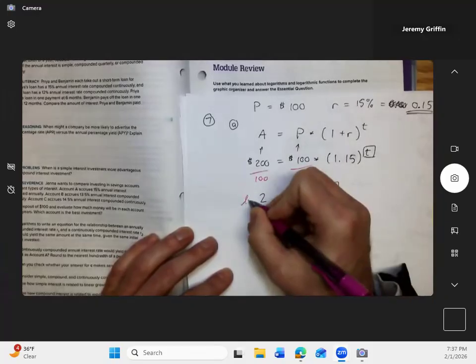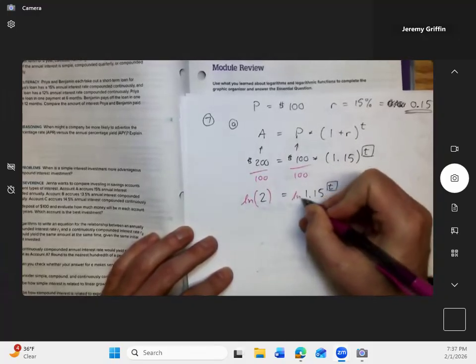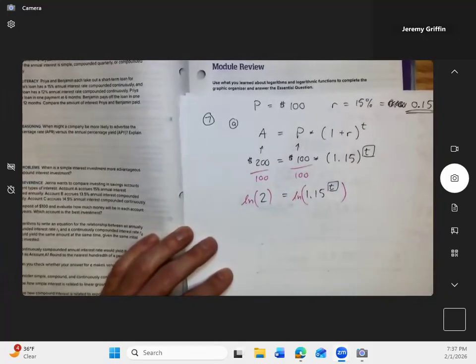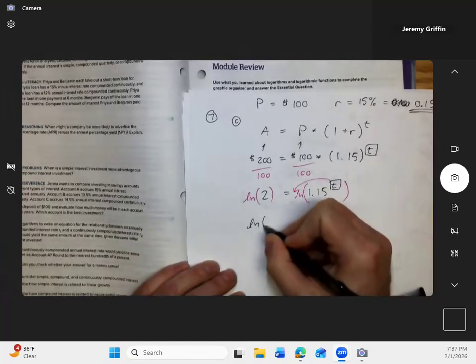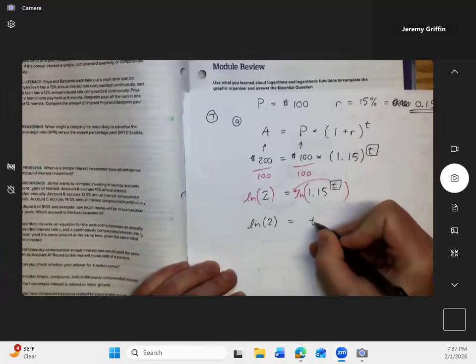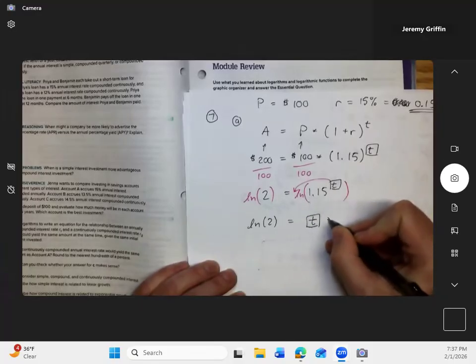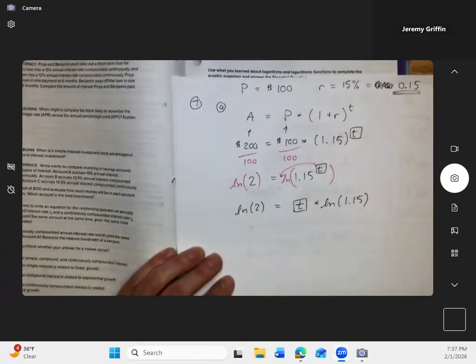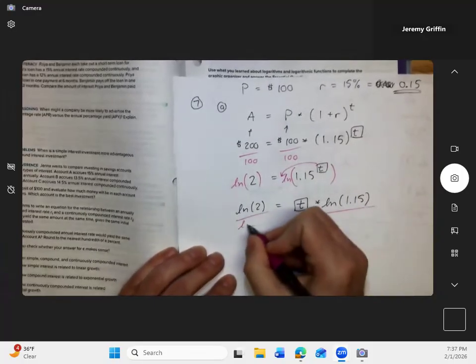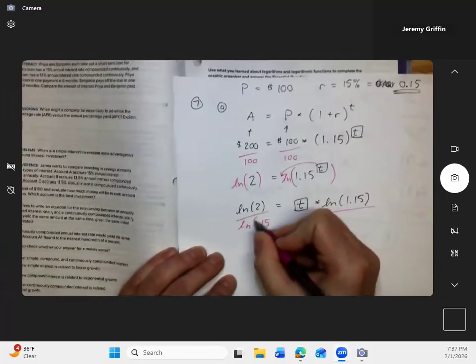I'll take the natural log of both sides. Then I can pull the t out in front. So natural log of 2 equals t times natural log of 1.15. Divide both sides by natural log of 1.15.